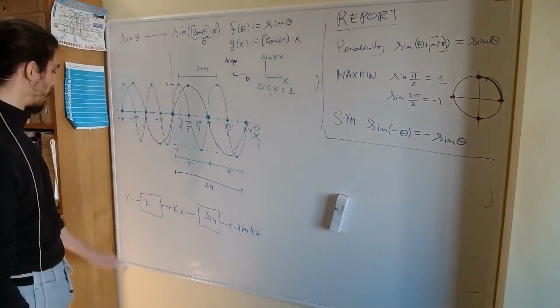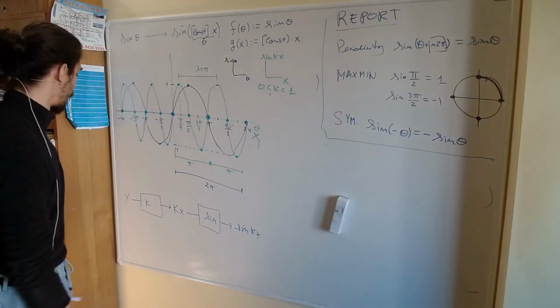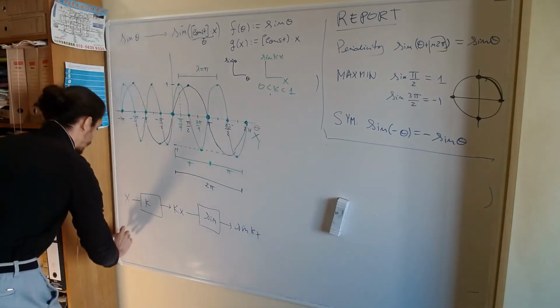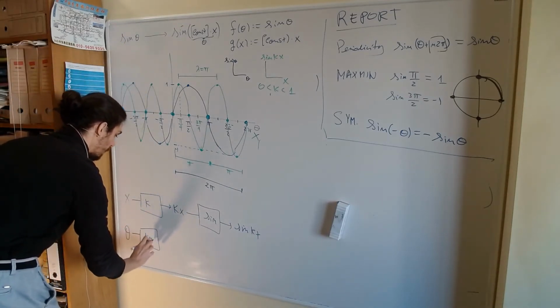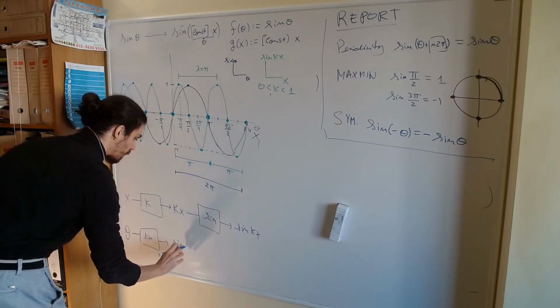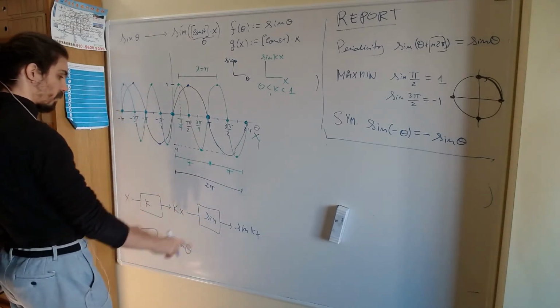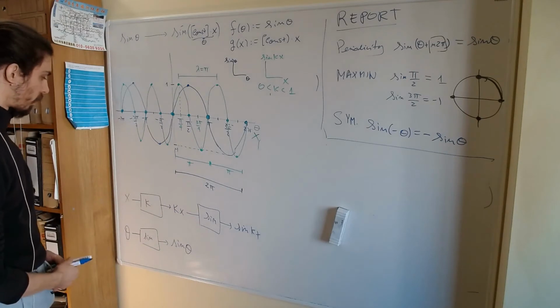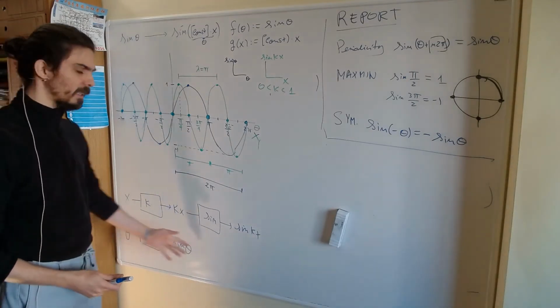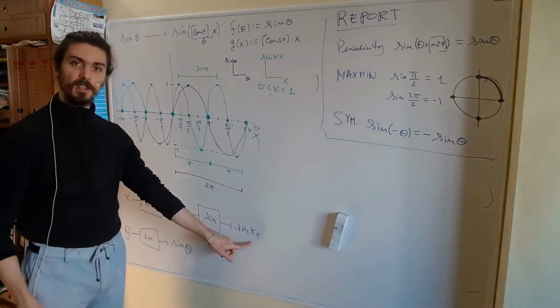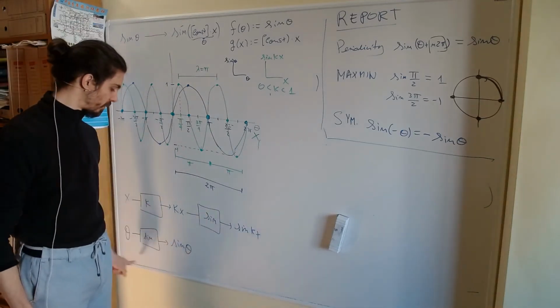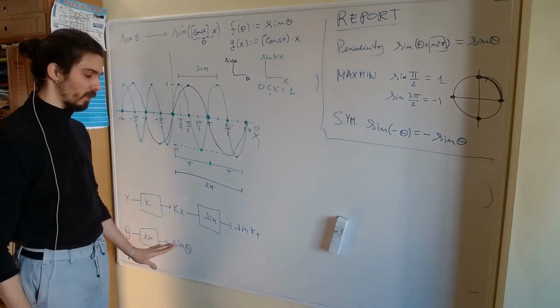Okay? This is the first one. The second one is this, the simple theta. Theta gets transformed by sine into sine theta. This is the procedure that you need to apply. Now, it's like an assembly line. You transform the raw material into a final product. This is a smaller factory, by the way.